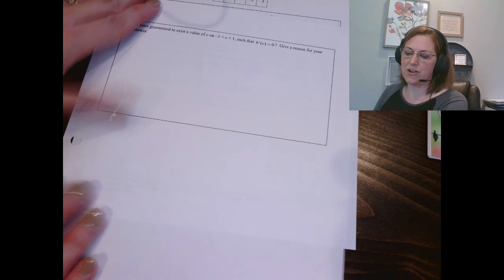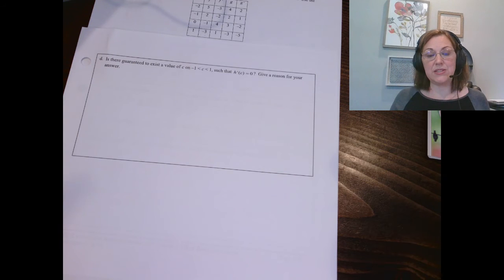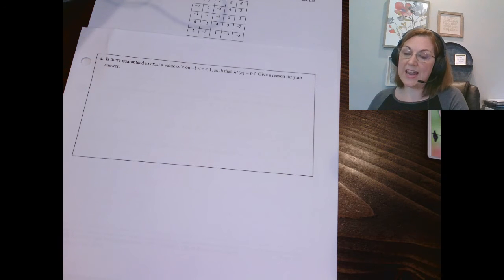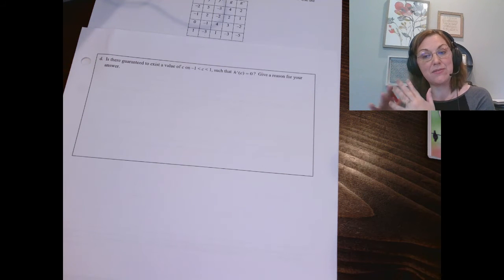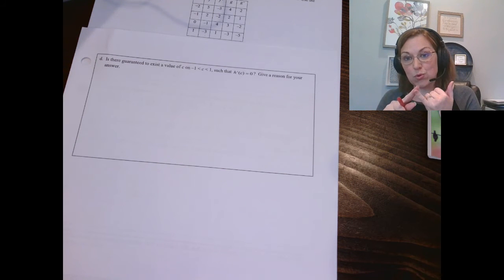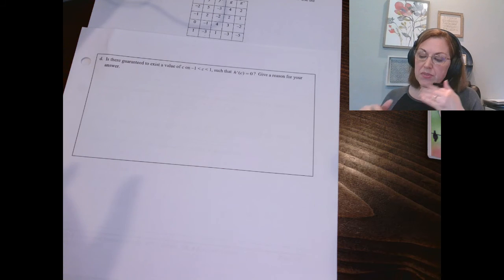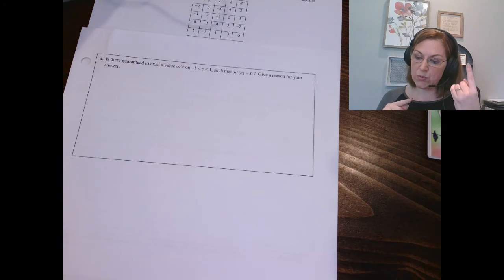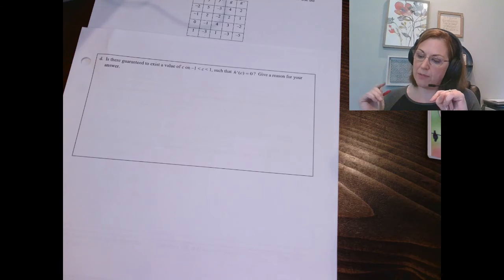Okay, we've got one more problem here, part D, and I'm going to put it like this so we can still see our chart. Now it's asking, is there guaranteed to exist a value C such that h prime of C equals 0? So now we're going to the theorems that guarantee us a value for the derivative, and that is Rolle's theorem and mean value theorem. Rolle's theorem requires that we're continuous and differentiable. We were told that originally in the prompt.